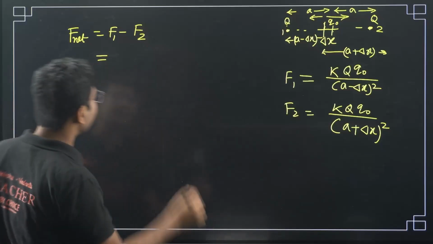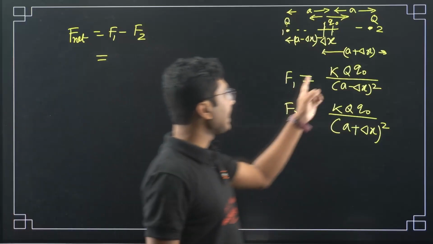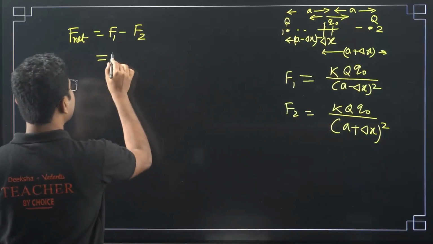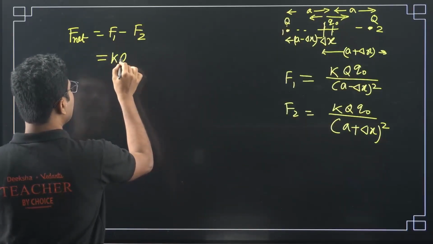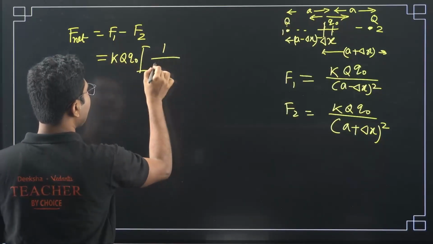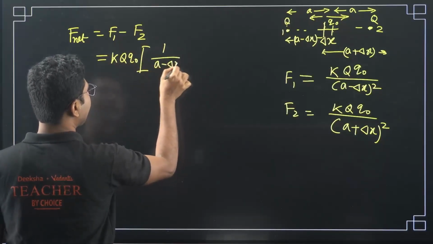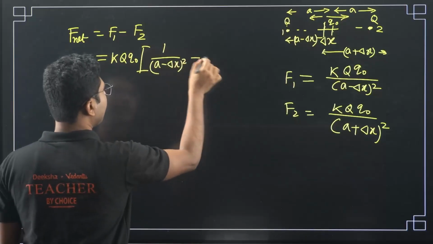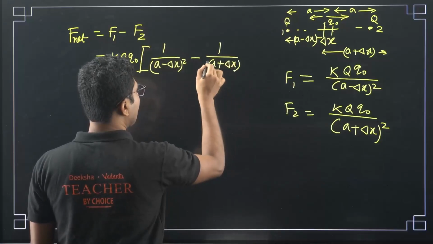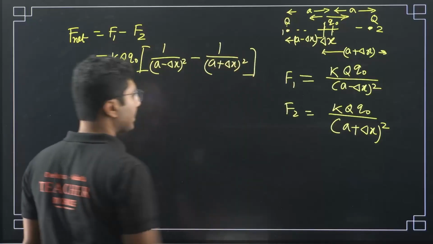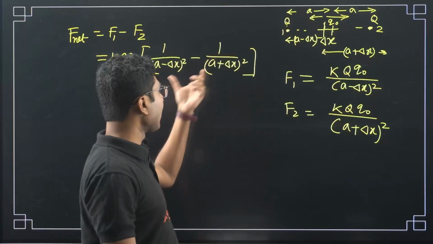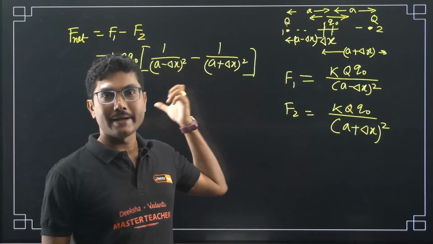F1 is given by, now you can see that K Q Q naught is basically getting common, so you can take that as common. K Q Q naught is common, and in bracket you get 1 by (A minus delta x) whole square minus 1 by (A plus delta x) whole square. Now if you are expert, you can do this directly. Okay, you can solve this directly and tell me the value.